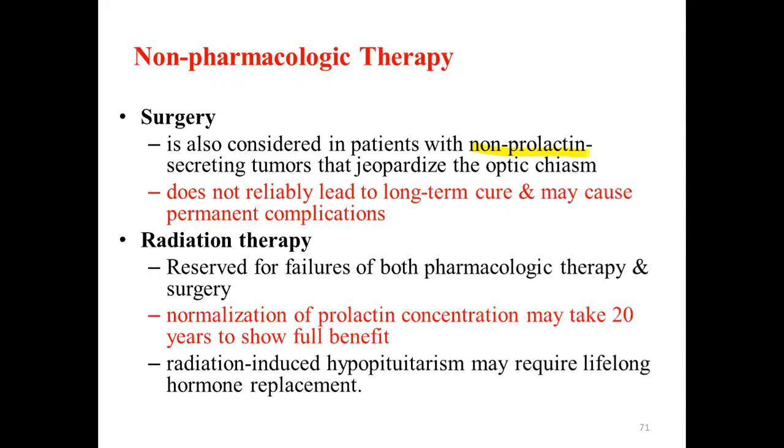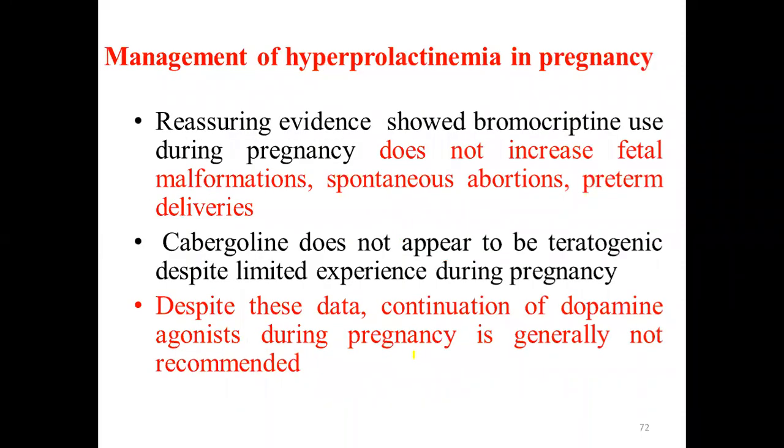Radiation therapy can also be considered in case of failure. But the major problem with radiation therapy, as I said before, is that it takes longer to see the full effect, so it is not commonly considered. Radiation-induced permanent hypopituitarism is also another challenge. So this is all about the treatment approach of hyperprolactinemia in brief.